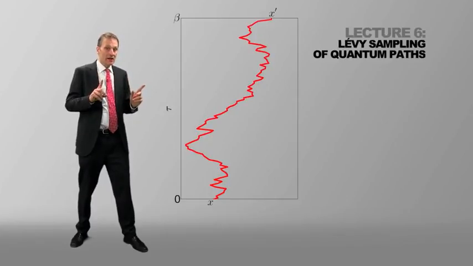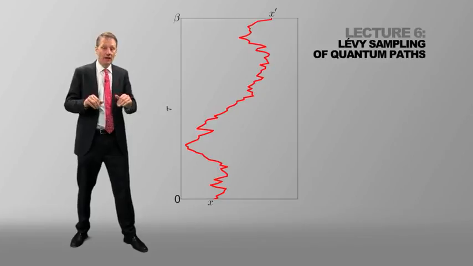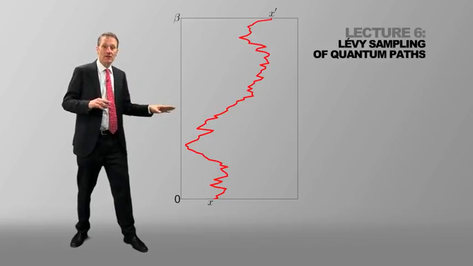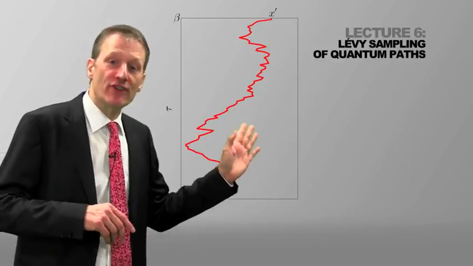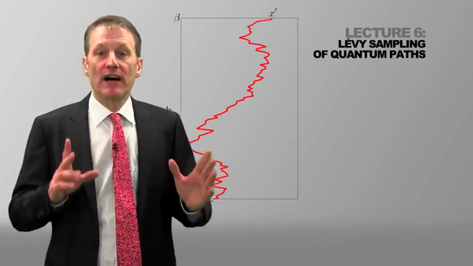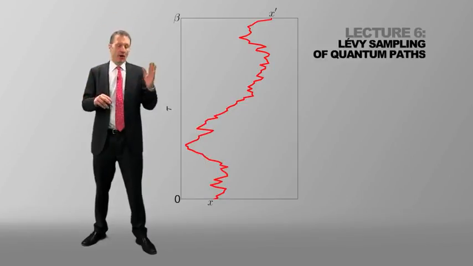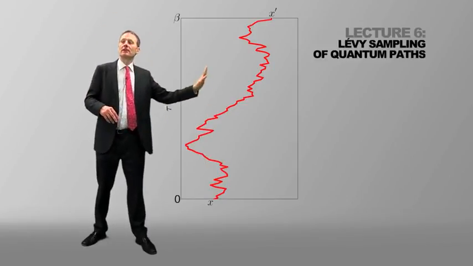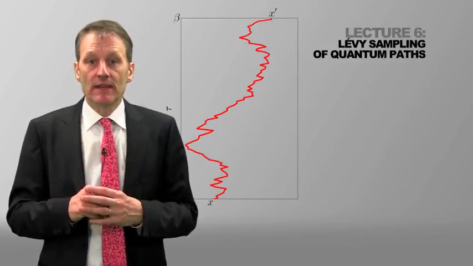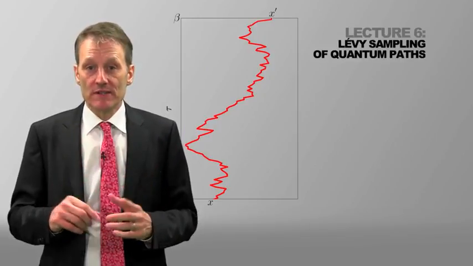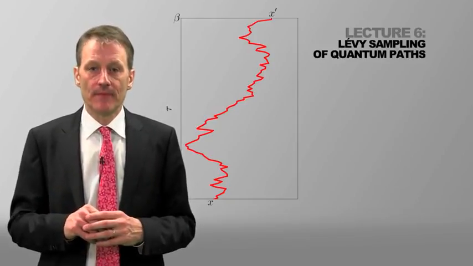You can do this with a number of slices that is as large as you want, 100, 1,000, or 1,000,000. Here we have a free particle, but an analogous Lévy construction exists also for a particle in a harmonic trap. Lévy's algorithm is really famous, and not just in quantum statistical mechanics.